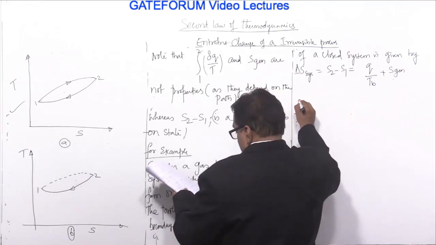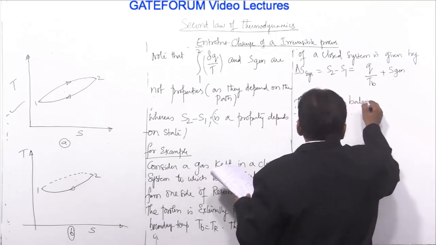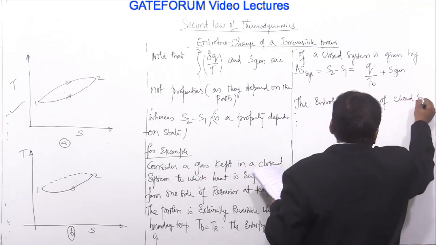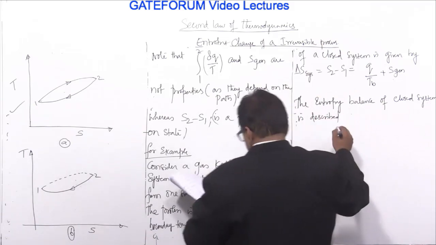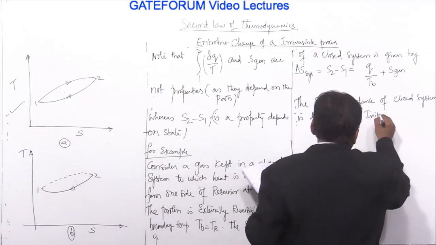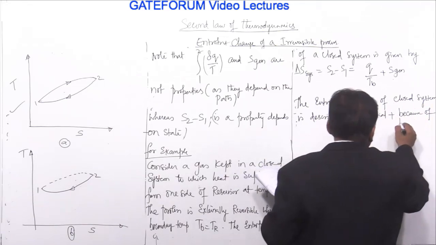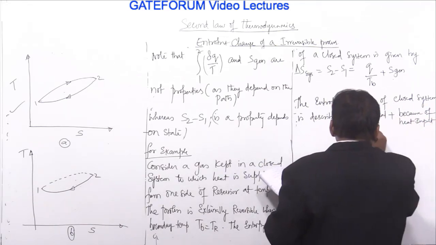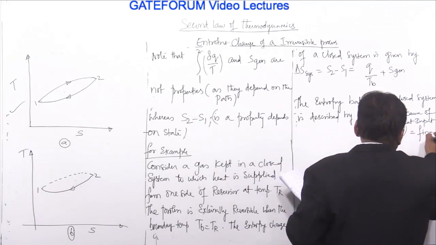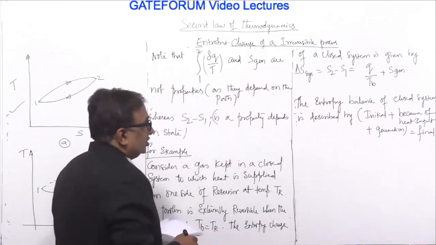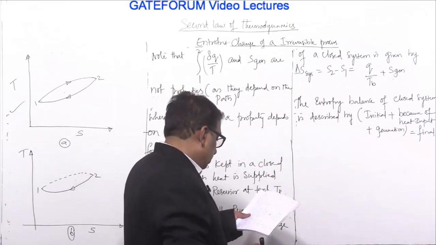So here, the entropy balance, like the energy balance we are writing, the entropy balance of a closed system is described by initial plus because of heat input plus generation is equal to final.